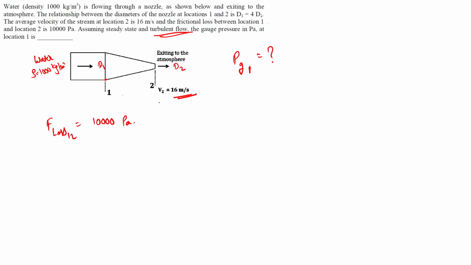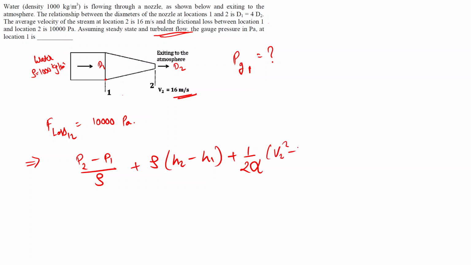So according to the Bernoulli's theorem that is obtained from the energy conservation, we can write this as (P2 minus P1) upon rho plus (H2 minus H1) plus 1 upon 2 alpha, where alpha is a factor accounting for turbulent or laminar flow, (V2 square minus V1 square) plus summation of all the friction losses plus the work done. This will all be equal to 0.